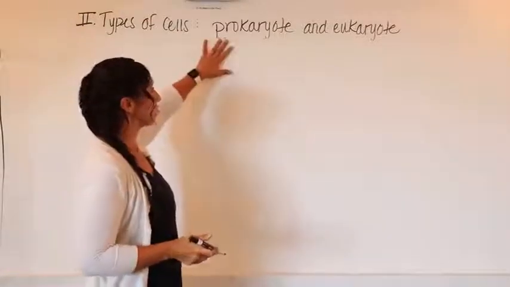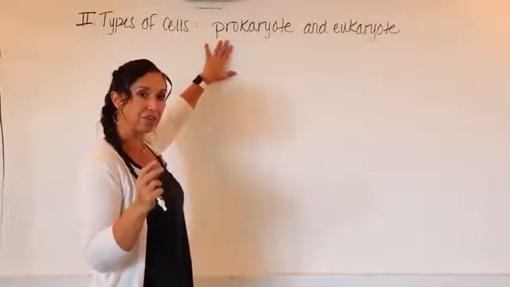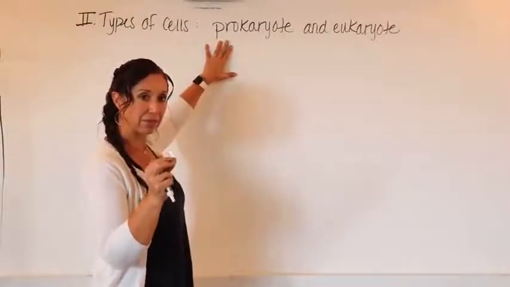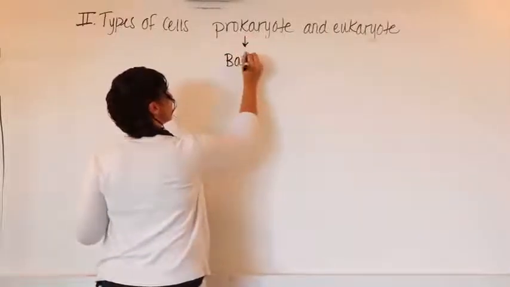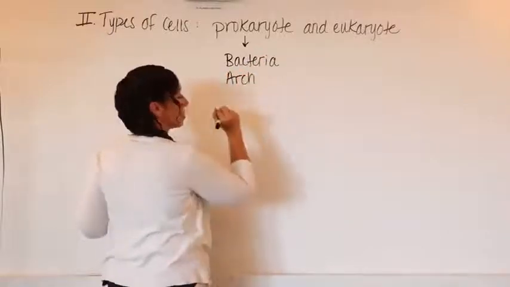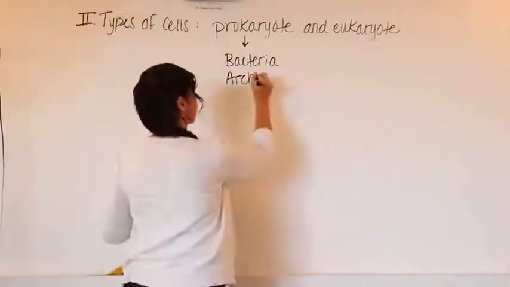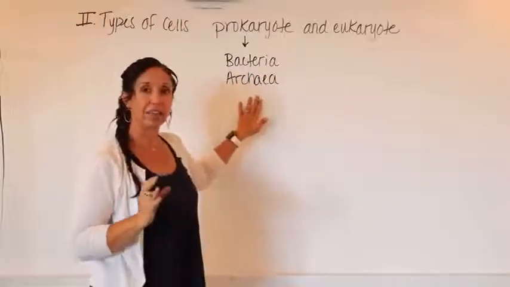So prokaryotes, or prokaryotic cells, this classifies two different cells in this specific kingdom. So the kingdoms of bacteria and archaea. I'll make sure I spell this right because it's always funny for me, archaea. So bacteria and archaea.